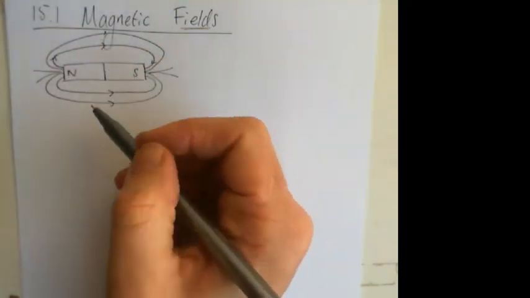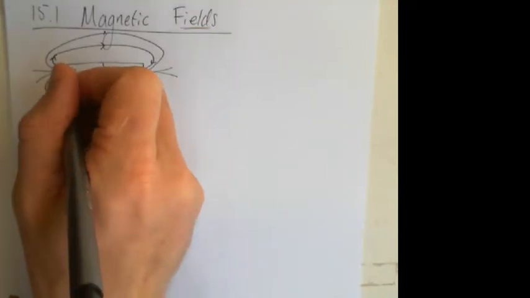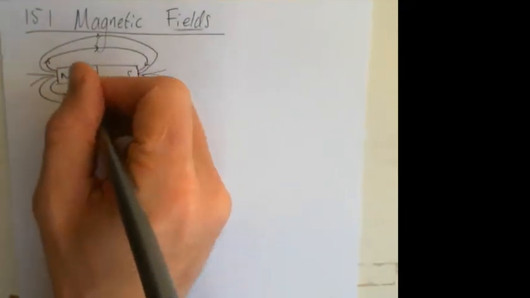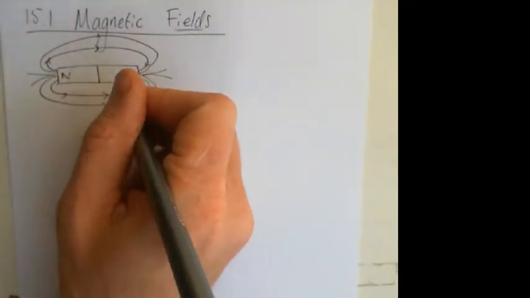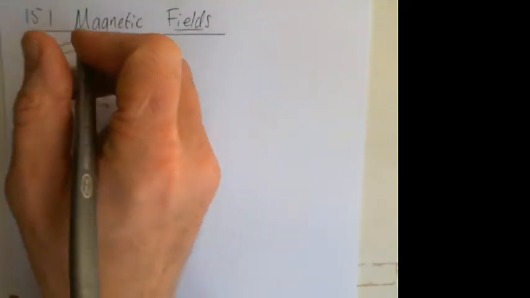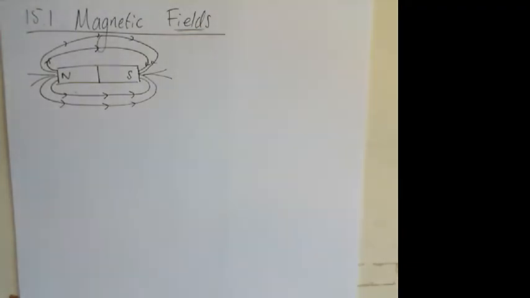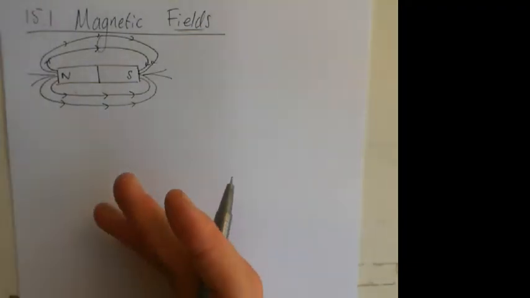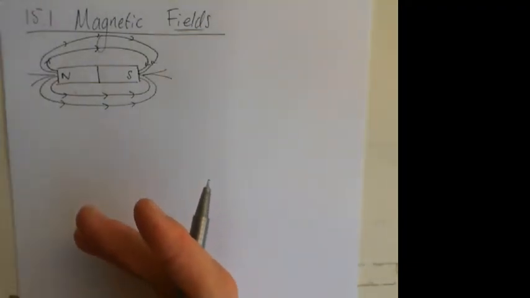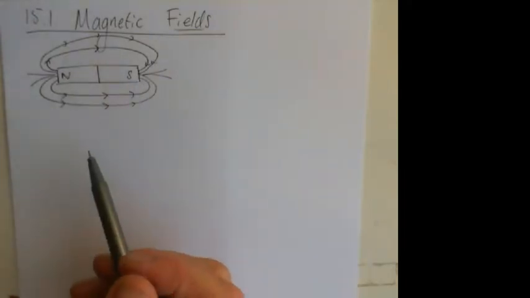That's the way you draw your arrows. That's what those arrows are for. Now you don't go on the other side, you don't go from south to north. No, still north to south. It doesn't matter which circle it is, it's always north to south. Okay, so you would be able to know how to draw your field lines if you're given which one was the north pole and the south pole, and you'll be able to tell which one was the north pole and south pole if you're given the field lines. Okay, so that's the two things you need to know.